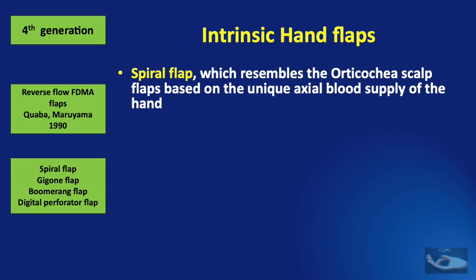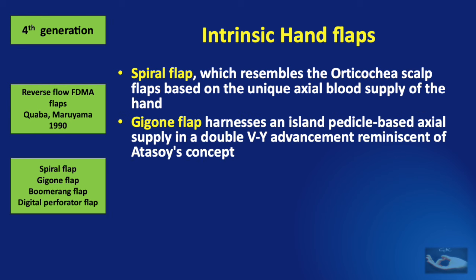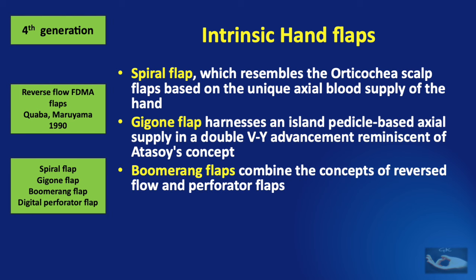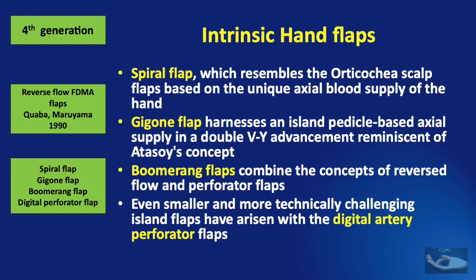Other innovative flaps like the spiral flap, which resembles the Orticochio scalp flaps based on the unique axial blood supply of the hand, the Gigon flap, which harnesses an island pedicled based axial supply in a double VY advancement reminiscent of Atasoy's concept, the boomerang flaps, which combine the concepts of reverse flow and perforator flaps, and with advancements in technology, even smaller and more technically challenging island flaps based on the digital artery perforators have been categorized as fourth generation flaps.